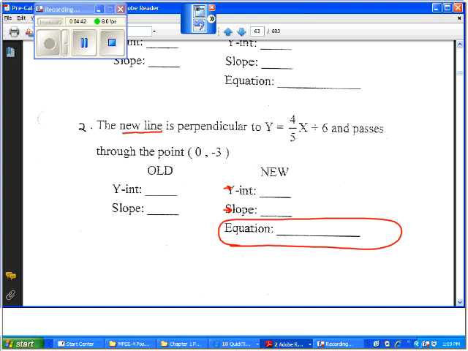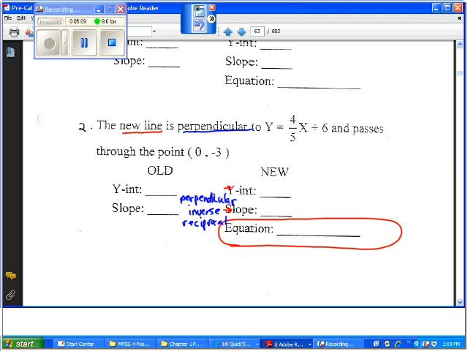Now, it says perpendicular. When it says perpendicular, then as far as the slope is concerned, we know that the slopes are going to be what? Inverse reciprocals, because perpendicular lines have inverse reciprocal slopes.